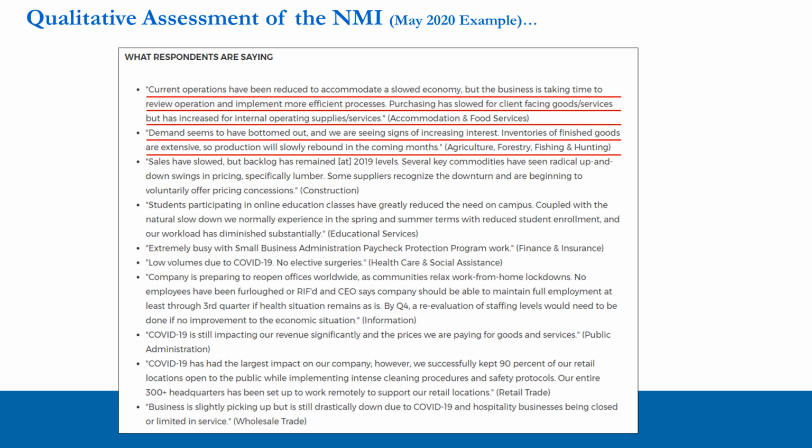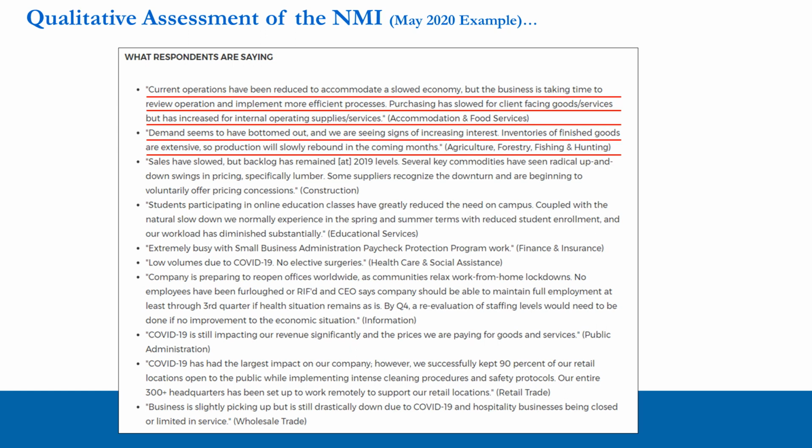And there's obviously conflicting statements as well from public administration services. So if you look at the statement there, they're saying COVID-19 is still impacting our revenue significantly, and the prices we are paying for goods and services. Obviously, that conflicts with the previous slide where they were reporting growth.